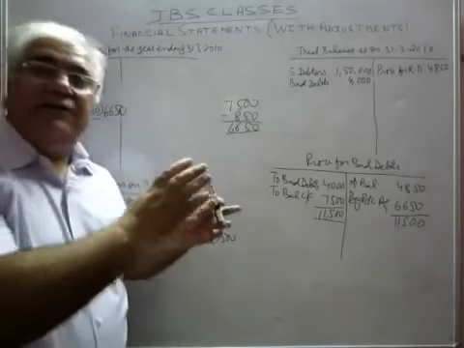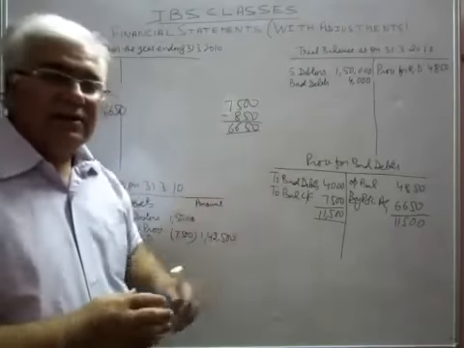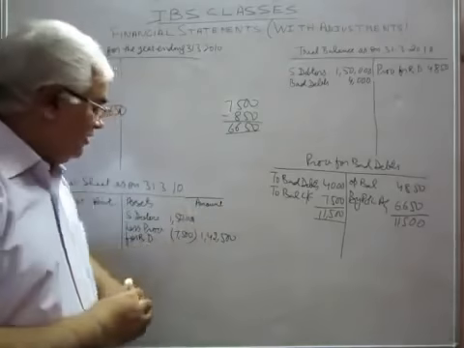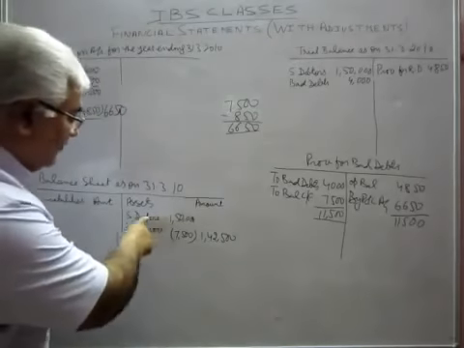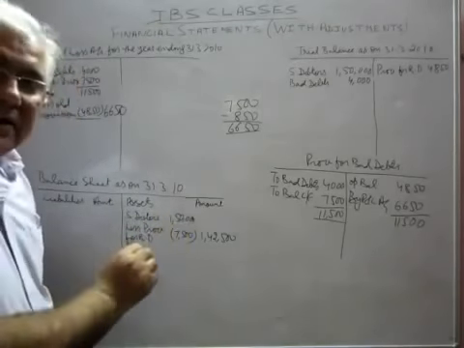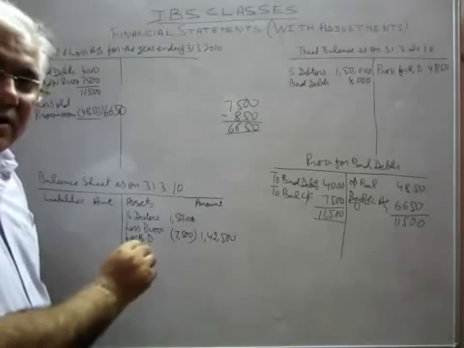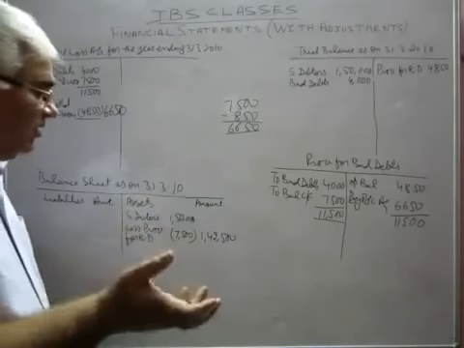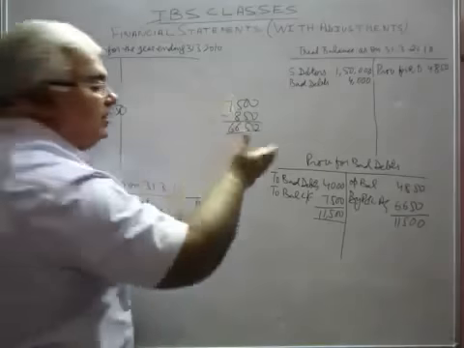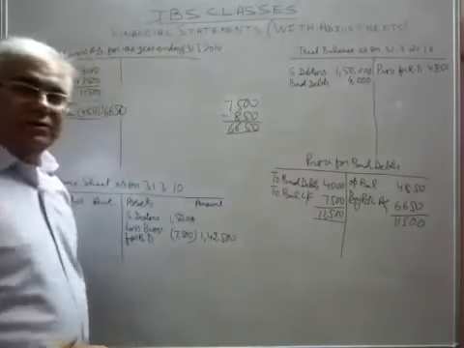For example, if there were any further bad debts given in the question, then from 1,50,000 we would have deducted further bad debts, okay, or they would have also been debited to this account.